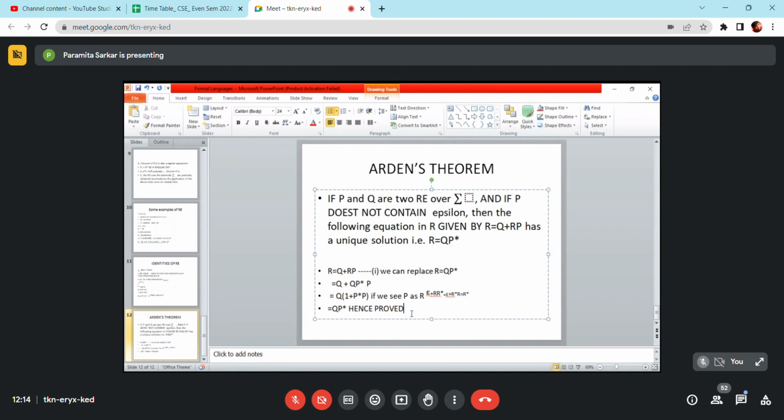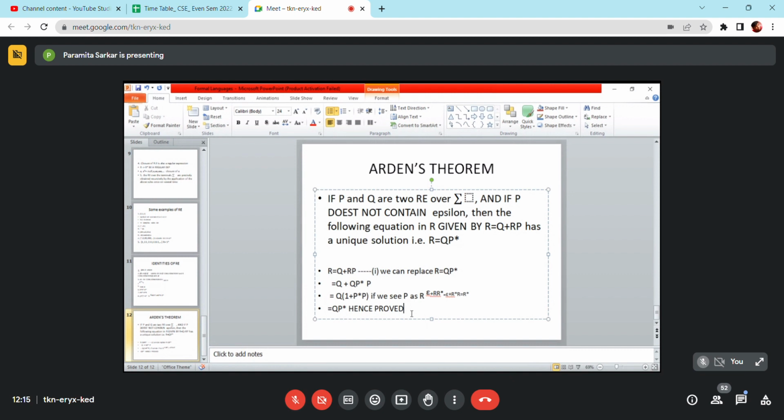So we again have R in our equation, so we again replace R by Q plus RP. We are continuously replacing R. Again taking out the bracket and multiplying, we get Q plus QP plus QP square plus RP cube.